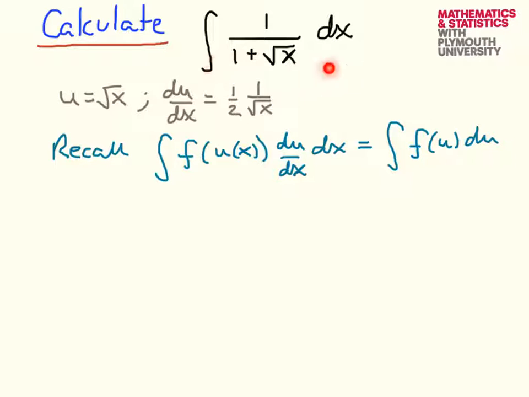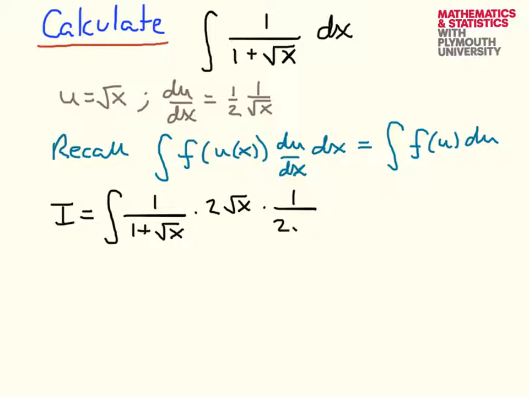So if we call this integral I, what we're going to do is say that I, our integral, is the integral of 1 over 1 plus the square root of x, that's the original integrand, multiplied by 1, which we can always do, and our 1 is going to be 2 times the square root of x times 1 over 2 times the square root of x, integrated with respect to x.